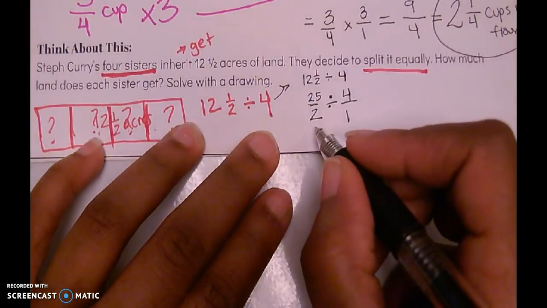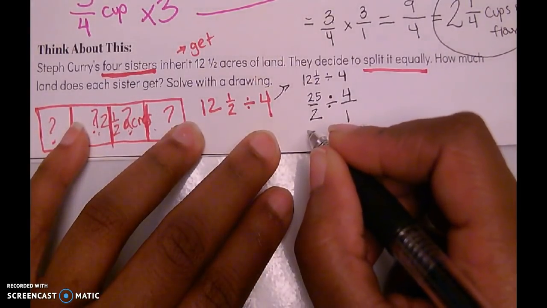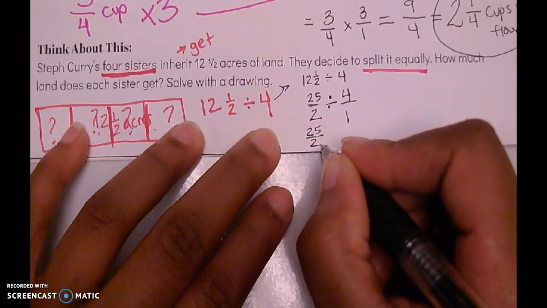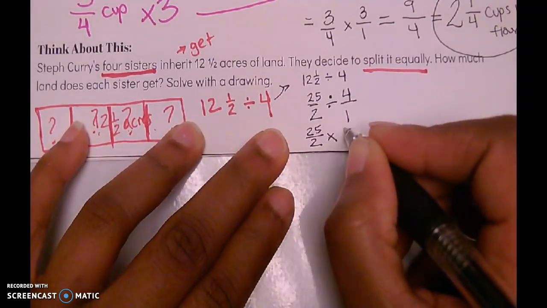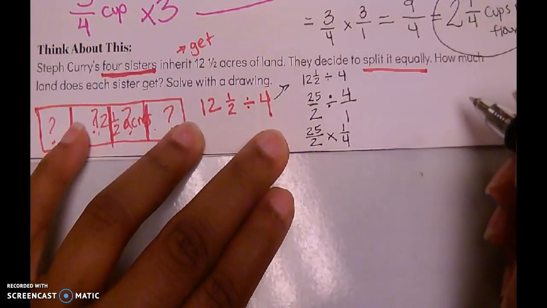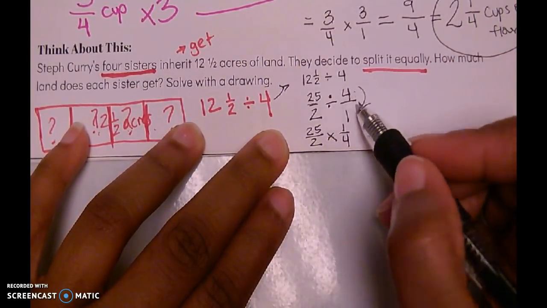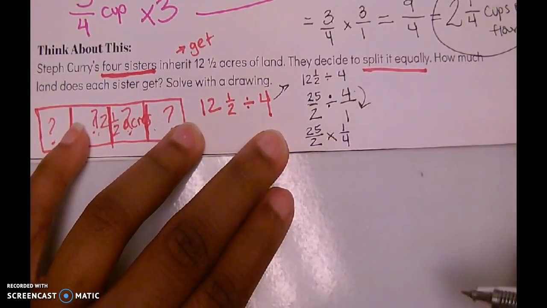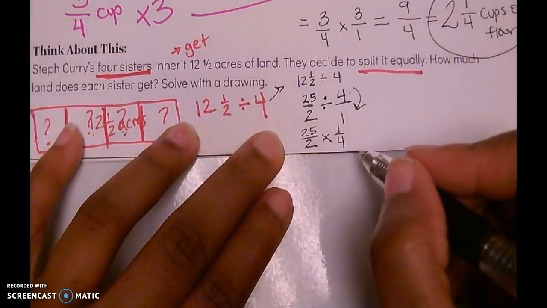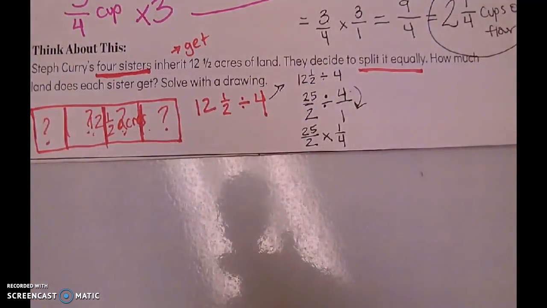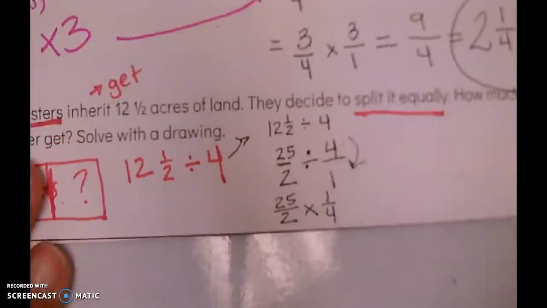Okay? So here's how that's going to look. 25 over 2 times 1 over 4. Because remember, a reciprocal is just flipping the numerator and denominator. Now, the last thing I'm going to do is I'm going to multiply straight across.